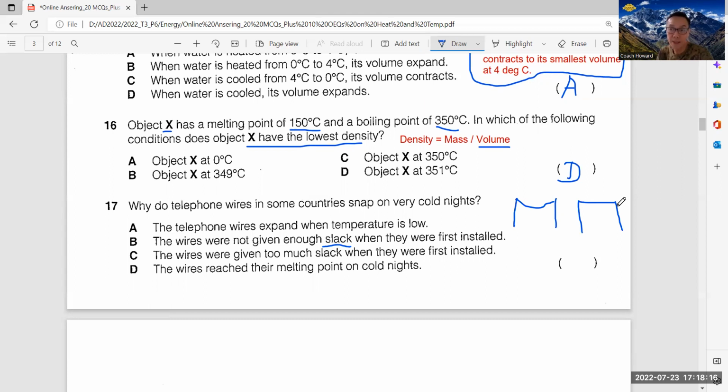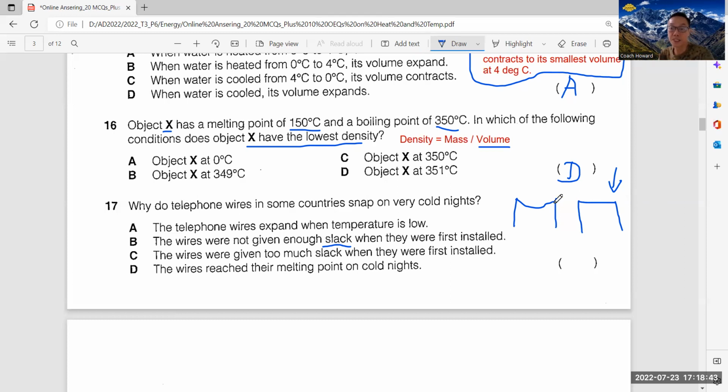So if you hang the electrical wires or telephone wires too tight when they install it, let's say during summer, then in winter, when the telephone cable or electrical wire needs to contract, it will snap, it will break, because no allowance was given for contraction.